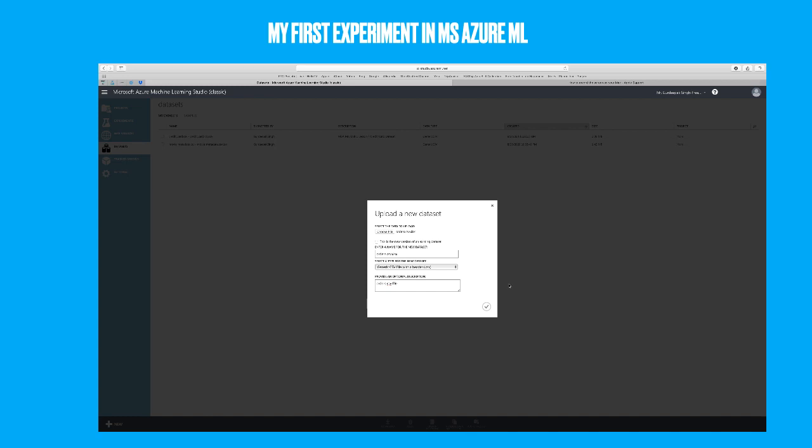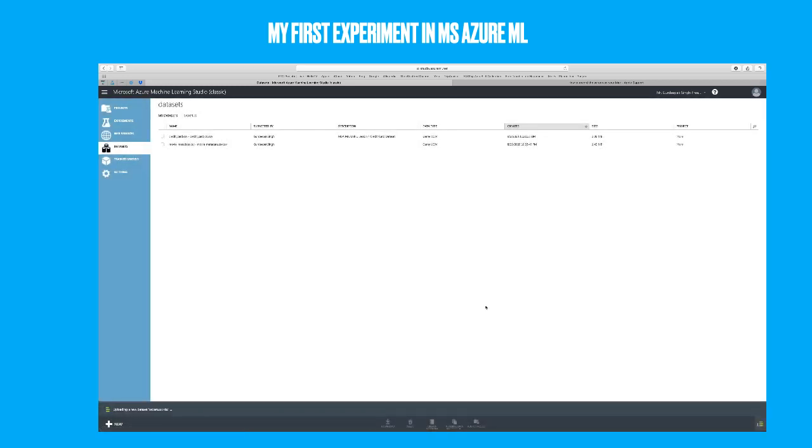So I say this, and then you click on this, and it will take some time. It says uploading a new dataset orders. Once this is done, you will see your files here. In this case, it is orders, credit card. So I have downloaded the credit card one.